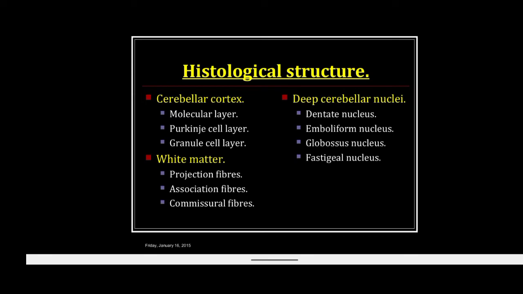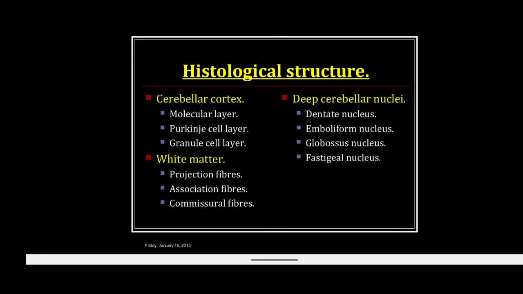So the histological structure of the cerebellum is very important. The outer layer, the cortex, has 3 layers: molecular, Purkinje cell and granular cell. These 3 layers contain 5 types of cells: Purkinje cells, granular cells, basket cells, stellate cells and Golgi cells.